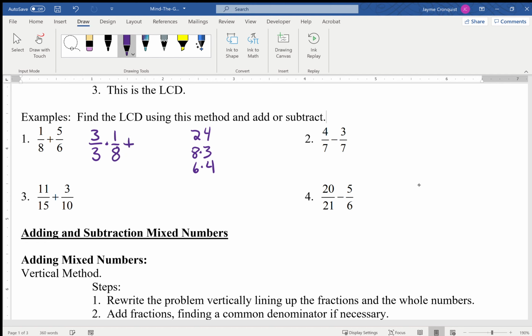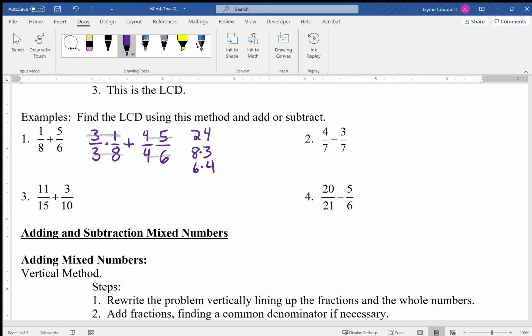And the 5 over 6, we're going to multiply it by 4 over 4. This is going to give me denominators of 24. So when I multiply, remember you multiply straight across. So we're going to do those 4 sets of multiplication.